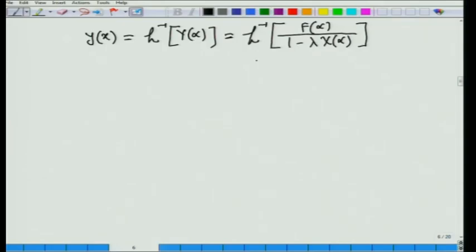So, once we are able to find the inverse Laplace transform of this algebraic expression in terms of alpha, then we can find the solution of the given problem as y(x).